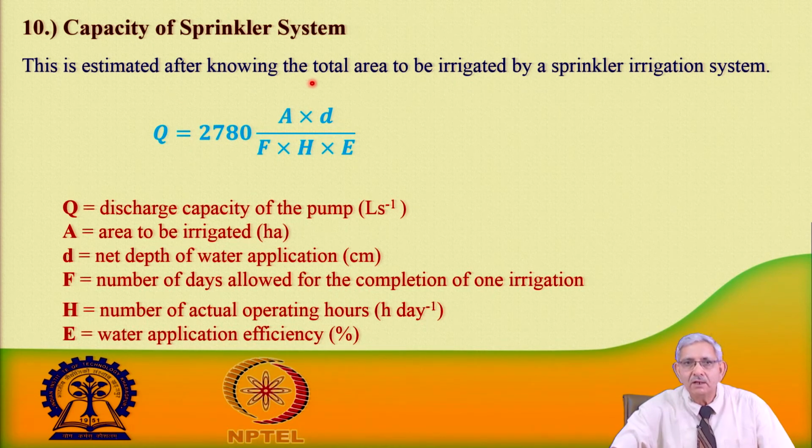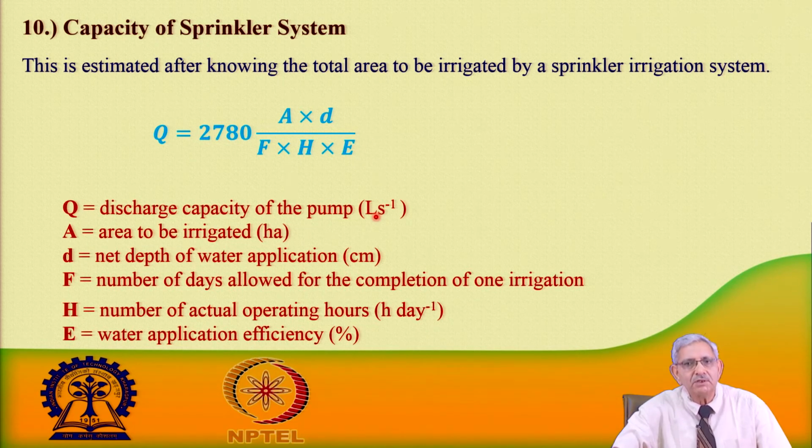So, cropped area in hectare, depth of water application in centimeter, and the irrigation interval, meaning how many days one irrigation cycle will take to complete, the number of hours the system is operating, and the water application efficiency. Having got these values, one can find out the system capacity.